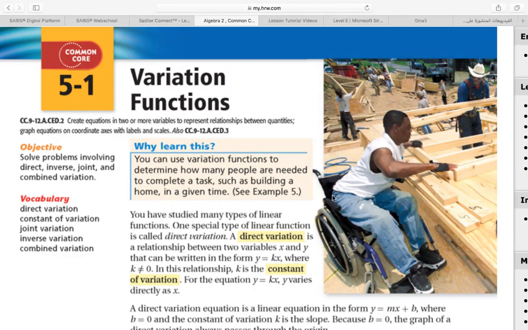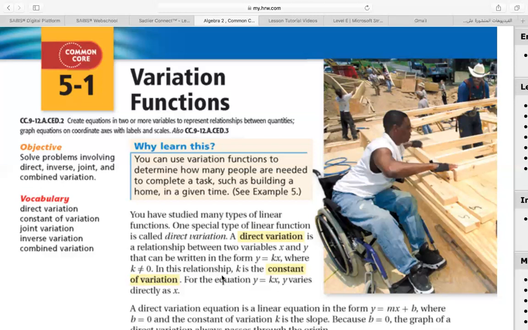Let me say it again. As we studied many types of linear functions, one special type is called direct variation. Direct variation is a relationship between two variables, x and y, that can be written in the form y equals kx, where k is not equal to 0.